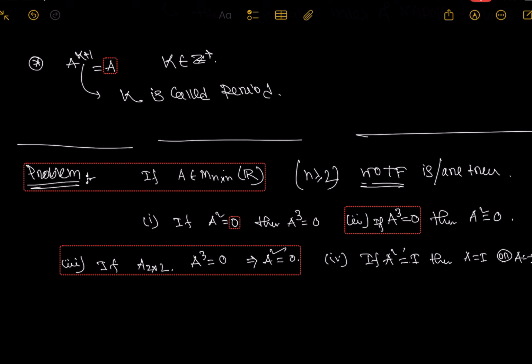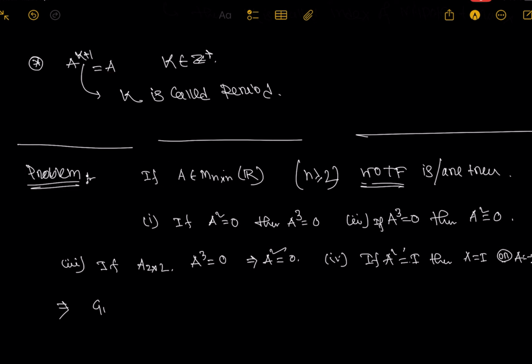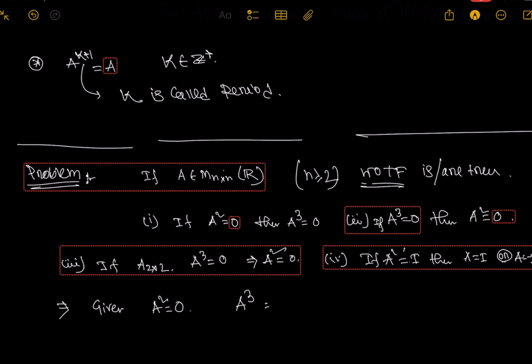These are 4 cases. For the first case, he said that if A square equals 0, then A cube equals 0. Given the condition for the first case, A square is 0, what do you find? You work on A cube. What we can write is A cube in matrix multiplication as A square times A. What is the value of A square?